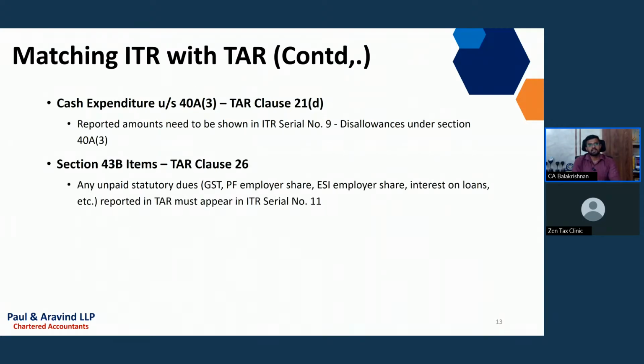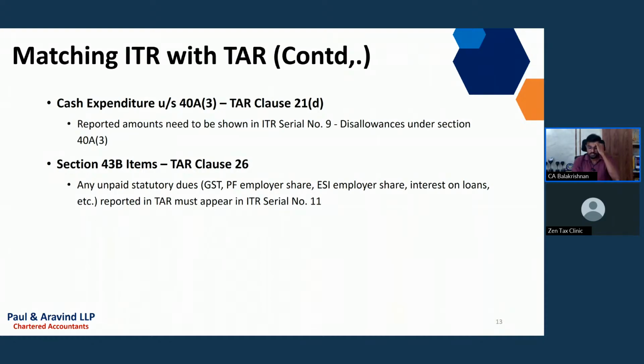And section 43B items. These are unpaid statutory dues or interest on loans to a scheduled bank or nationalized bank reported in the TAR, and must be reported in serial number 11 of other information. In ITR 3, ITR 5, ITR 6 and ITR 7, there is an other information section.